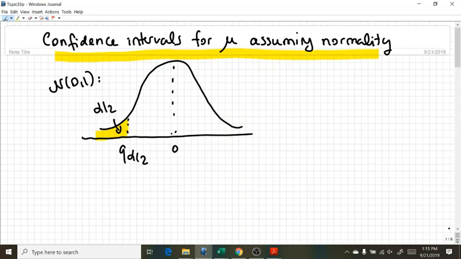And, well, it's a symmetric distribution, right? So if I want in the right tail to have alpha divided by 2, then here I will have the 1 minus alpha divided by 2th quantile, right? Now, this is what my z measures.